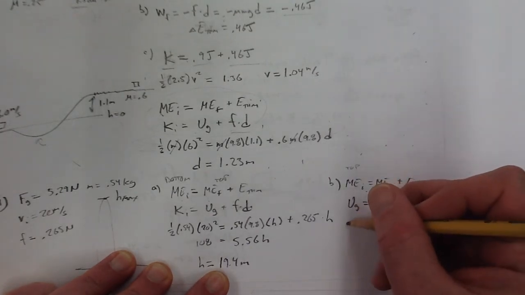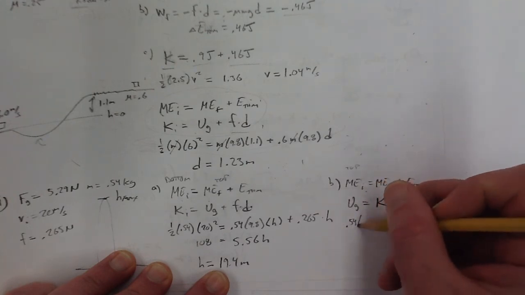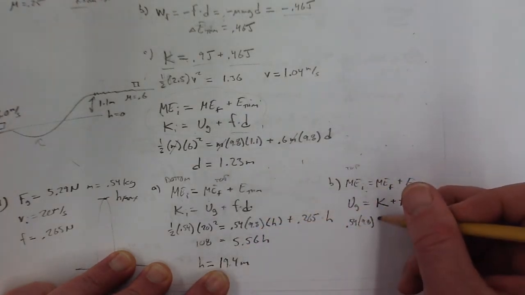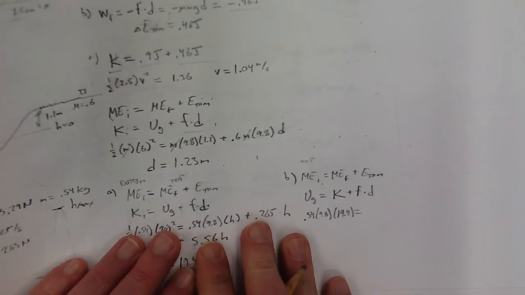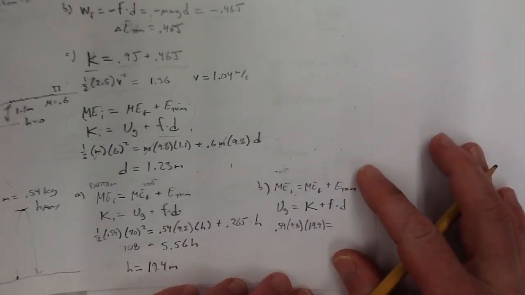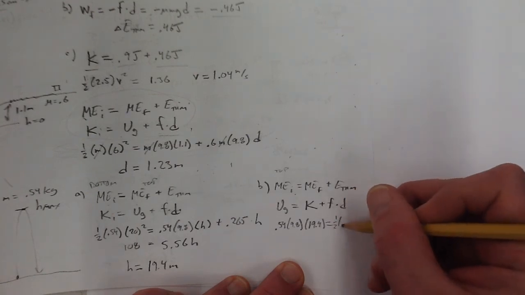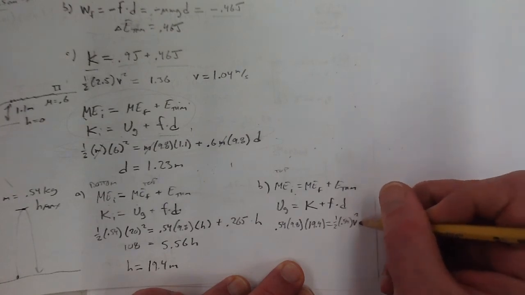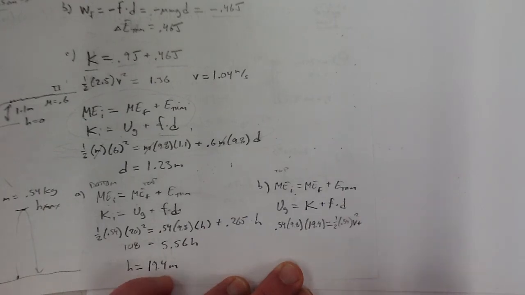So let's see, I've got mgh, which we just found was 19.4, is equal to, I think a little smashed up in this corner here, kinetic energy 1/2 m v, v is what I'm looking for, squared, plus that force times distance.